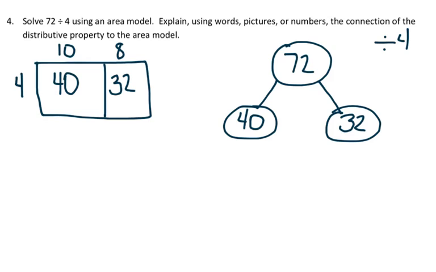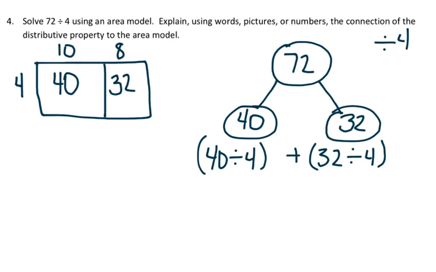Once I do that, I have 40 divided by 4 plus 32 divided by 4, in parentheses. And 40 divided by 4 is 10, and we're adding 32 divided by 4, which is 8, to give you a total of 18.